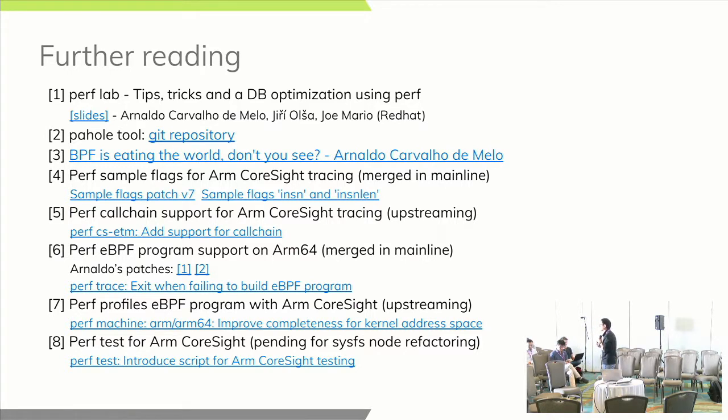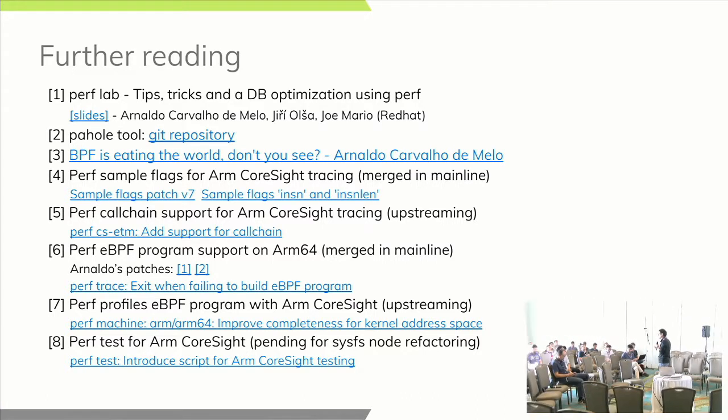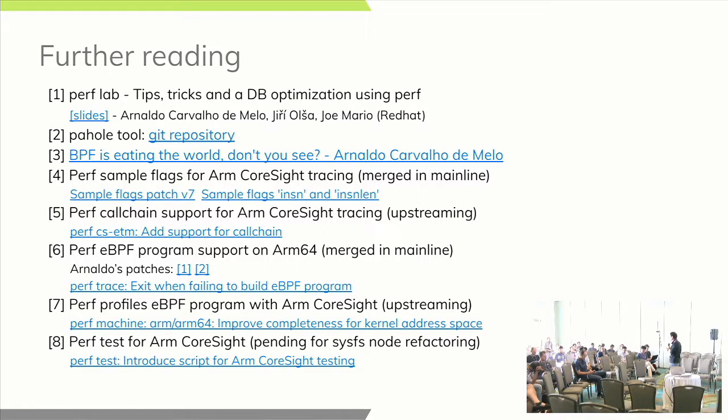BCC is more complex. It includes more test suites, and it also contains the Node and that kind of thing, and it can support advanced languages, for example Python or Lua. I think the eBPF support in perf now is pretty simple.